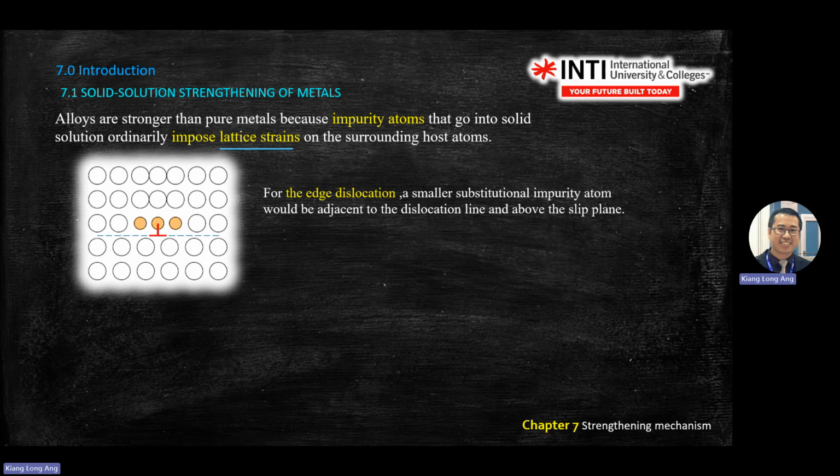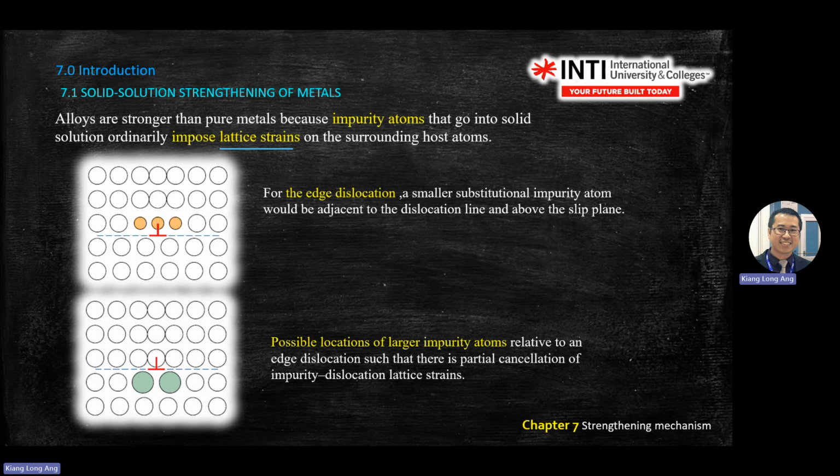And in the edge dislocation, you can put a smaller substitution impurity into the slip plane to stop the movement. Again, for the strengthening mechanism in the metals, usually the keyword there is restrict the movement of the atoms. So this is also the same.